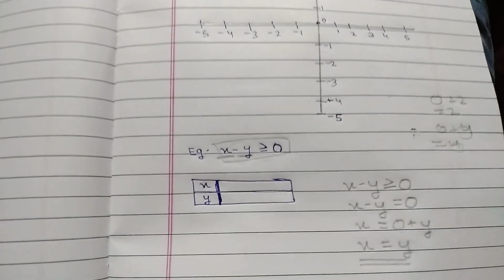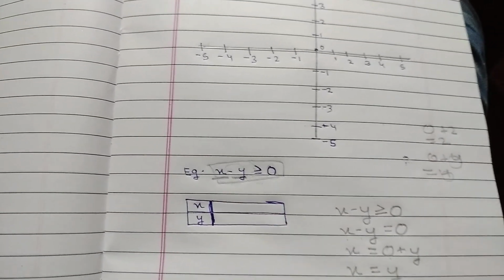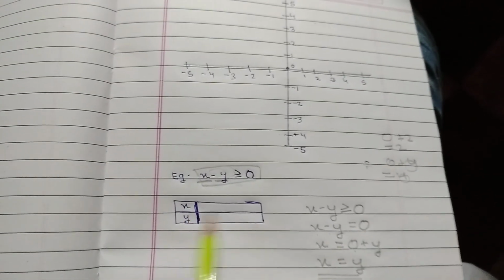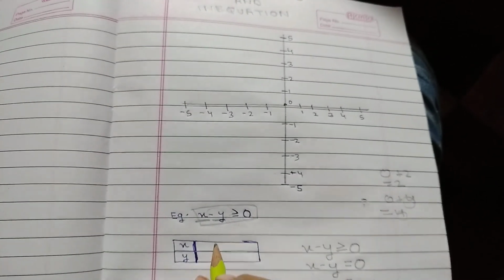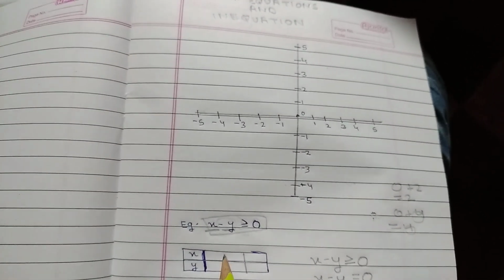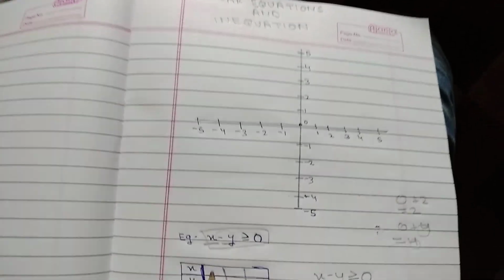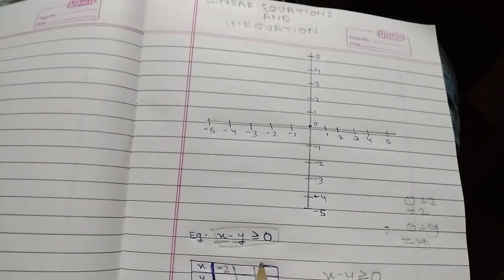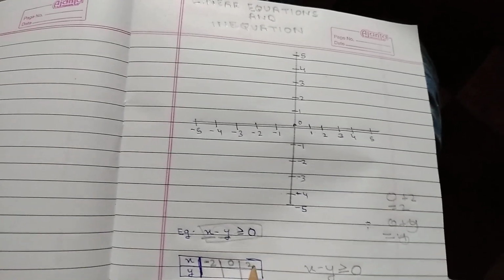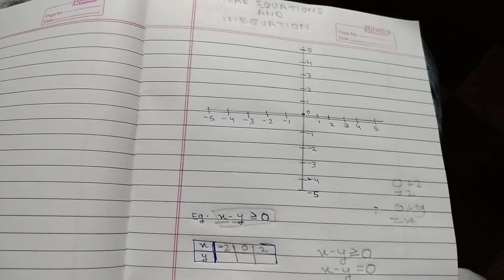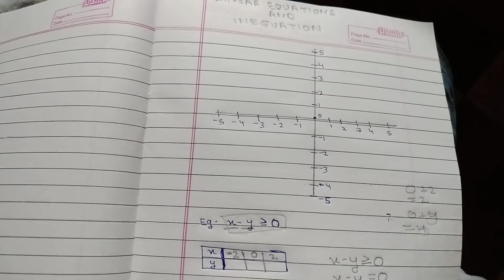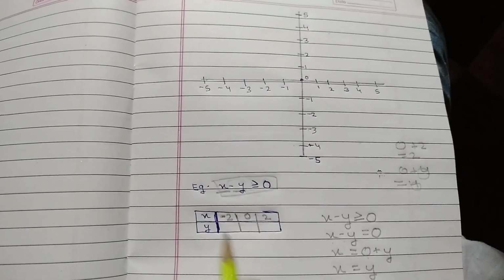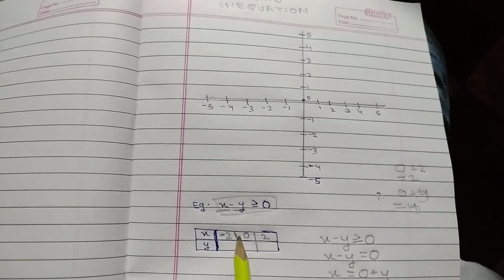Now we are going to draw a table like this. We will take two columns, x and y. First, we will note three values of x: minus 2, 0 and 2. You can plot any points; I have taken these as an example. Let's take the first case.